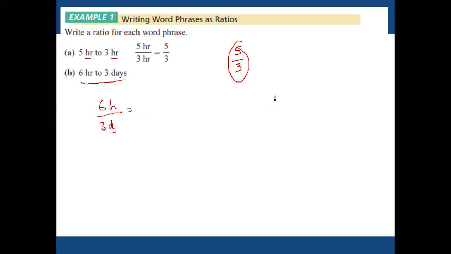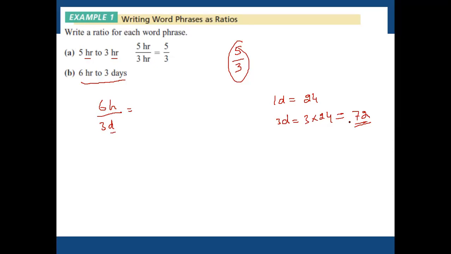You know that 1 day equals 24 hours. So 3 days equals 3 multiplied by 24, which is 72. Yes, 72 hours. So 6 hours divided by 3 days, which means 72 hours.